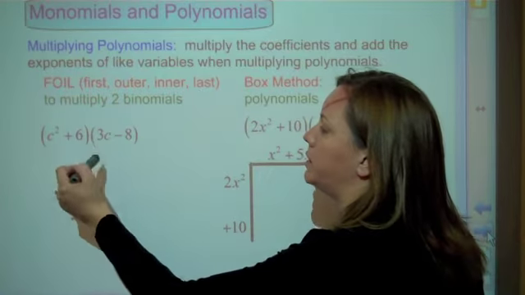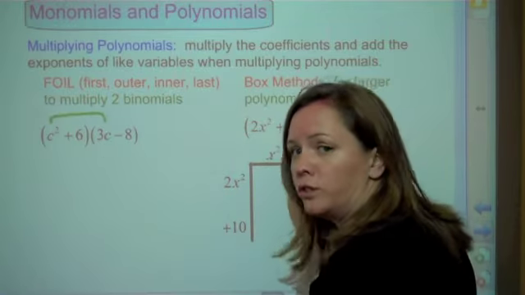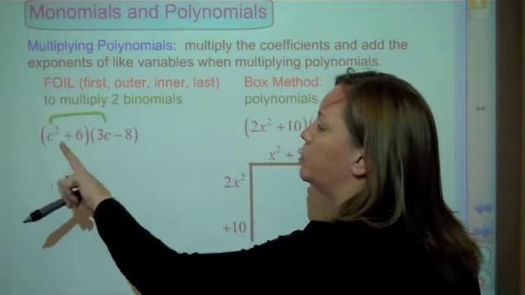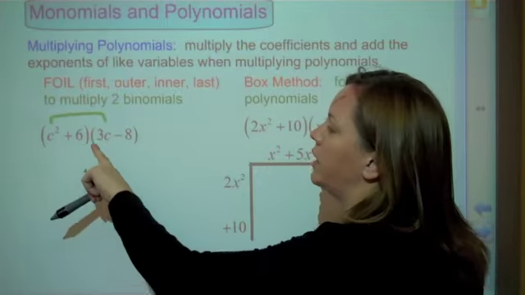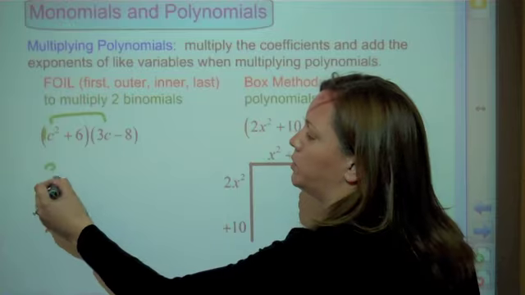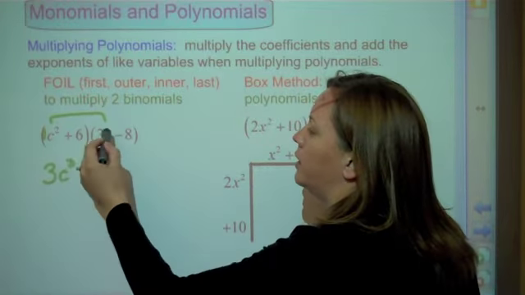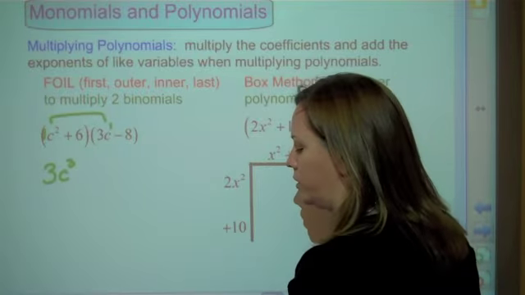If we have c squared plus 6 times 3c minus 8, my first term in each of those two polynomials is c squared and 3c. So if I multiply those together, multiply the coefficients, 3 times 1 is 3, and then add the exponents, 2 plus 1 is 3, so we have 3c to the third.